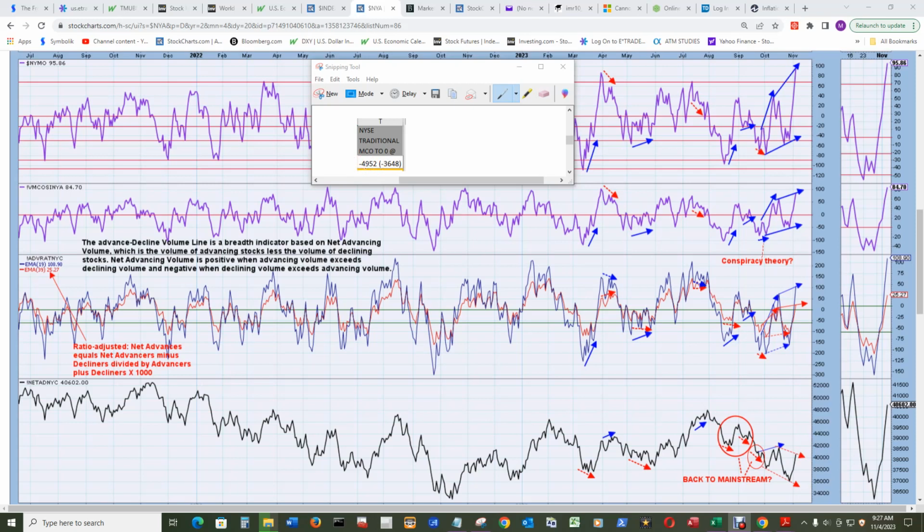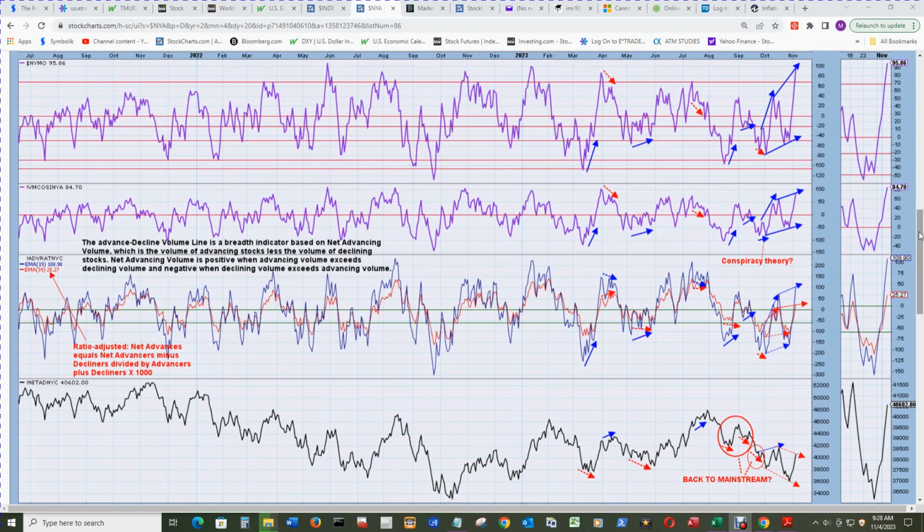It would take 4,952 decliners over advancers just to get back to zero. And I say that's pretty hard to do, as price takes the stairs up and the elevator down. So this was really incredible here.